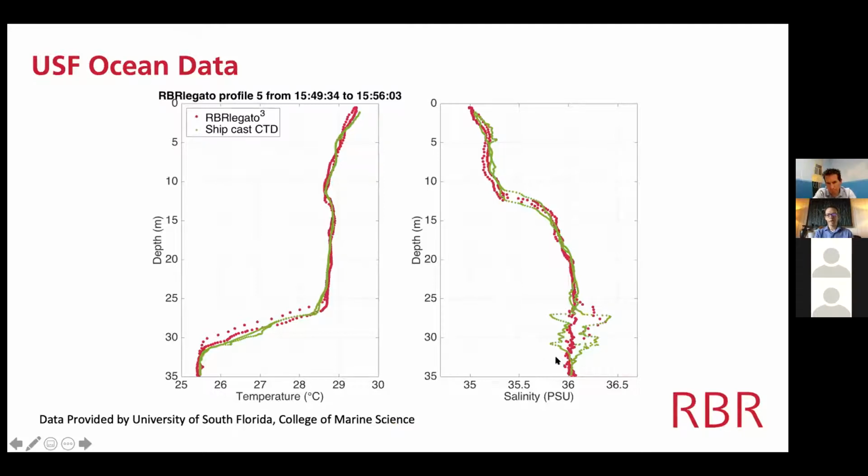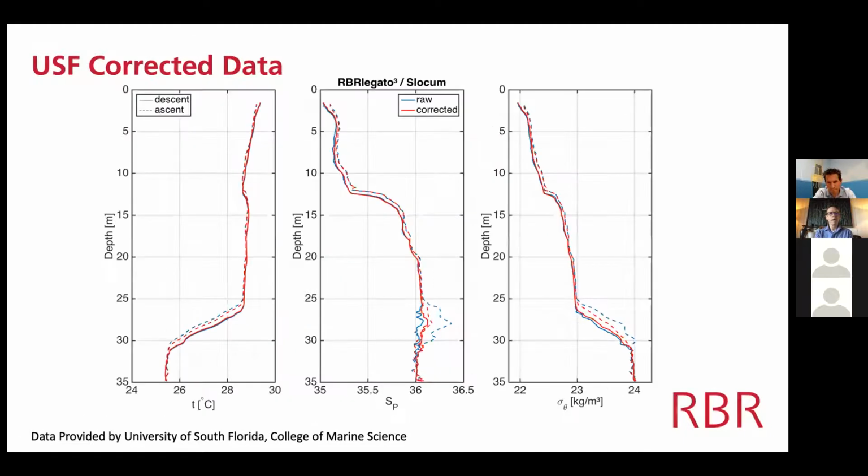And there's a bit of movement there in the salinity of the ship cast. It's hard to tell what was happening at that level, but you can see that the Legato remains fairly stable. There is a correction in the data now for that spiking.